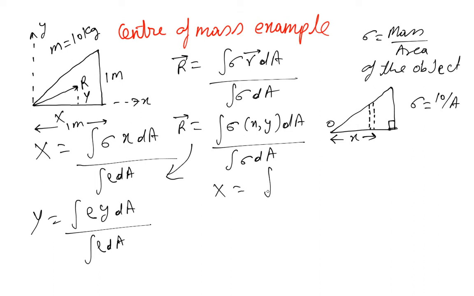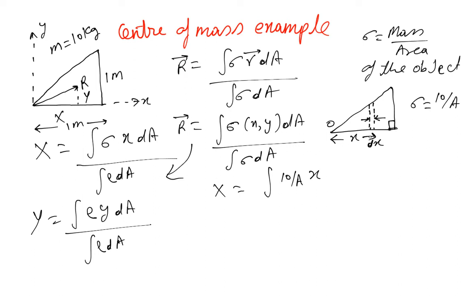Capital X is going to be the integral of sigma, which we already know is 10 over A, times x, we already have chosen a variable, this small strip is a distance x from the origin, times dA. Now what is going to be dA? Well, you see, whenever we choose a small differential element, we say this is dx in thickness. So our dx is changing along the x-axis because we are talking about the x-axis.